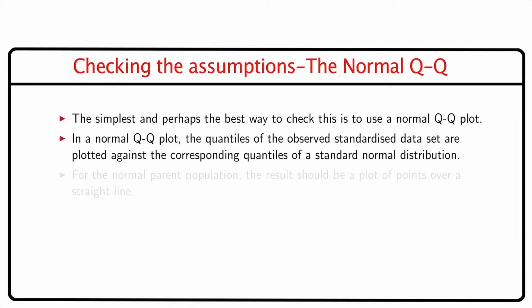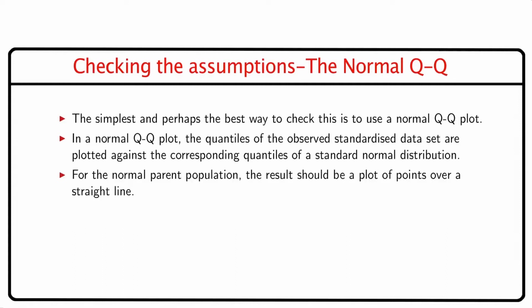In a normal QQ plot, the quantiles of the observed standardized data set are plotted against the corresponding quantiles of a standard normal distribution. And for a normal parent, we expect that these two quantiles match. So for a normal parent population, the result should be a plot of points over a straight line, or at least scattered over a straight line.